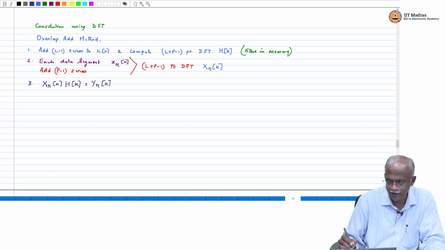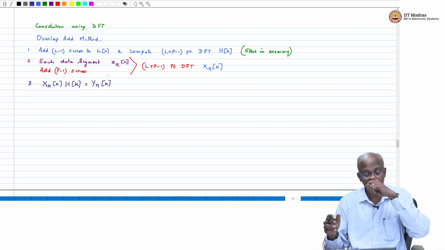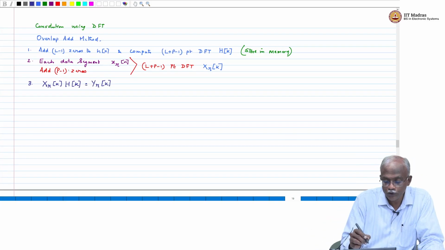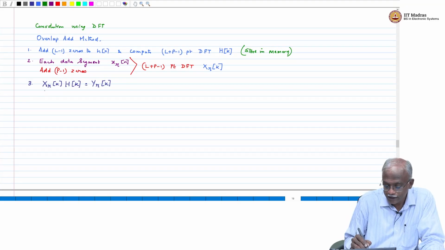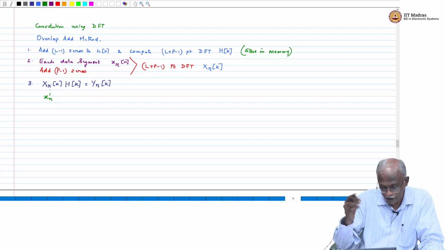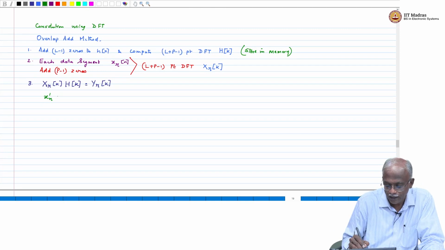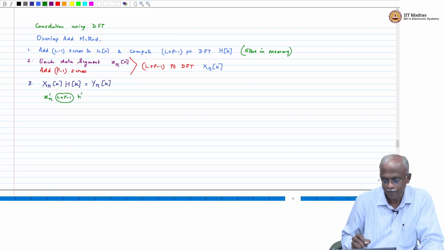So this is where the DFTs are getting multiplied. So this will produce for us a circular convolution of x r prime, with the zeros padded, with the L plus P minus 1 point circular convolution with h prime.